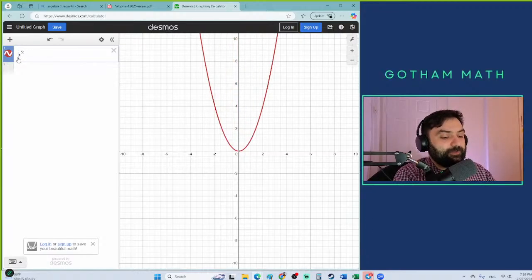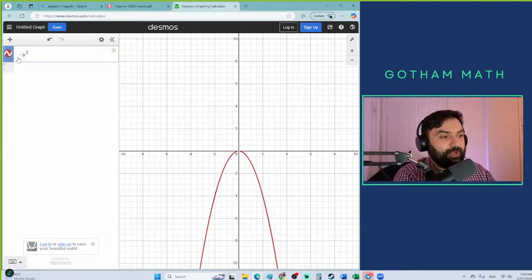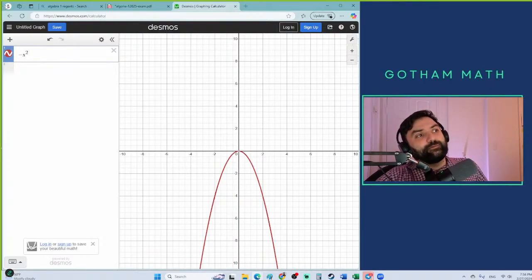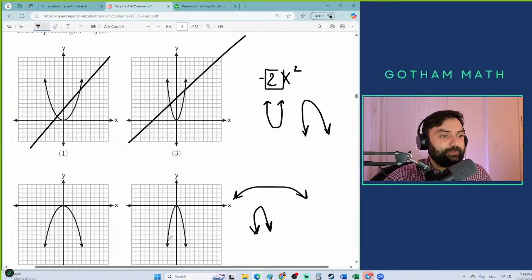Now, what if I put a negative? You see what happens now? It flips down. And if I do this, this, or this, it goes down and becomes narrow. So that's why the answer was 4, where the function became narrow and facing down.